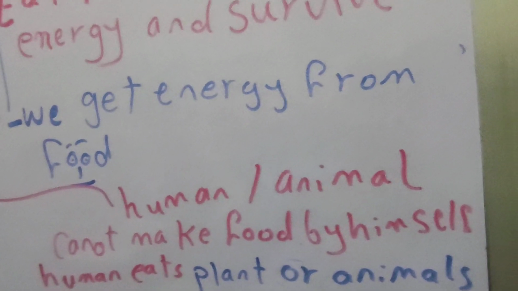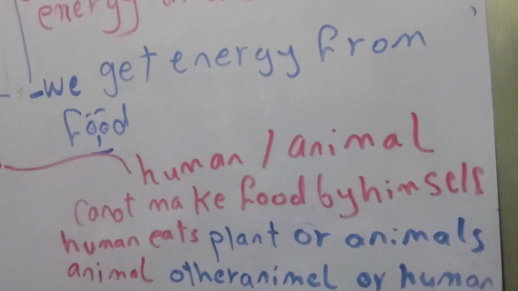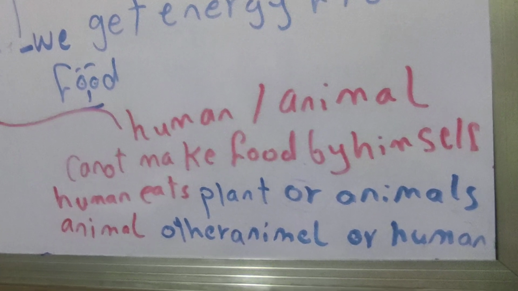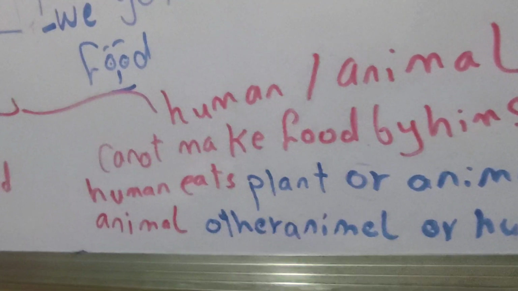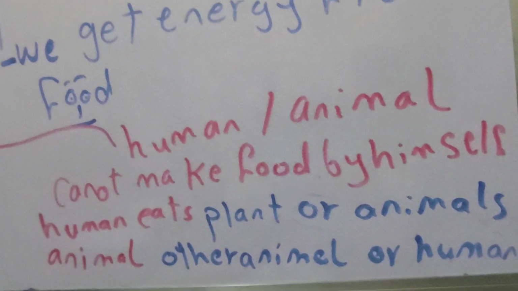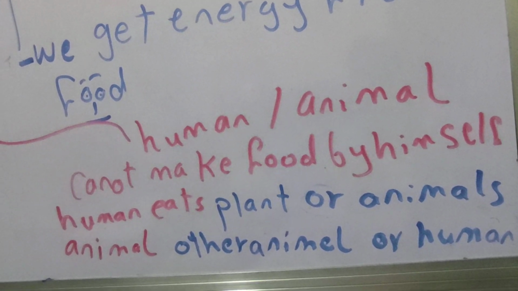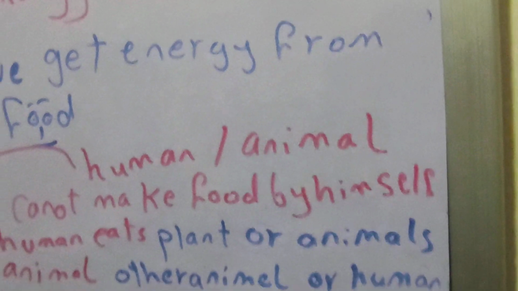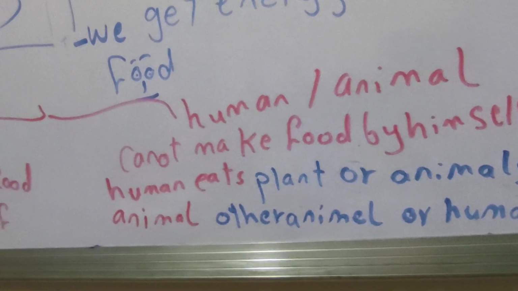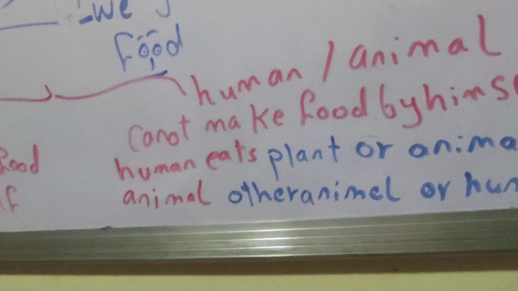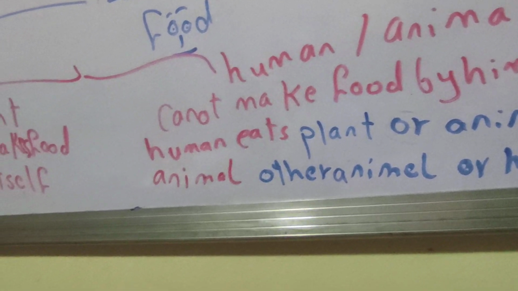Of course, it's cooked: a grilled or fried chicken. Okay, this is the meat you are eating, cow meat. About animals, they can eat other animals. Cats eat mice. Lions eat deer.